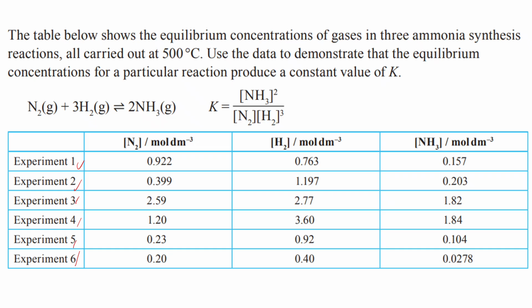And as you can see, this is the expression for the equilibrium constant for this reaction. And in these 6 experiments, here were the concentrations at equilibrium. So what I need for you to do is to use this expression to calculate the value of equilibrium constant in all these 6 experiments. And then I would like you to pause the video and deduce what conclusion you can draw from these 6 experimental observations.